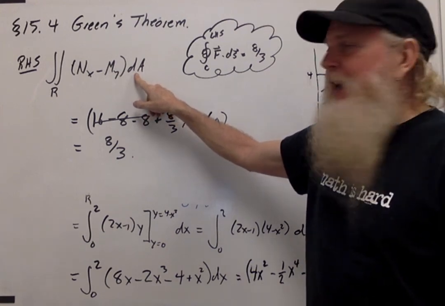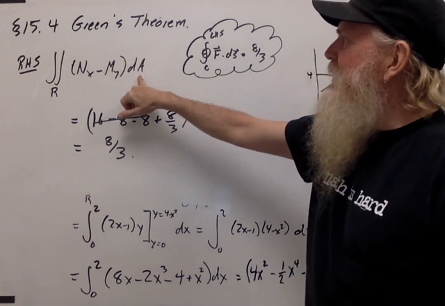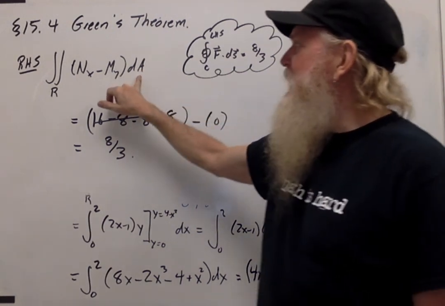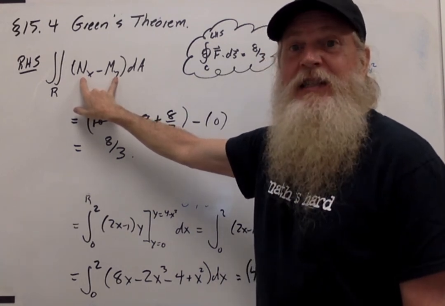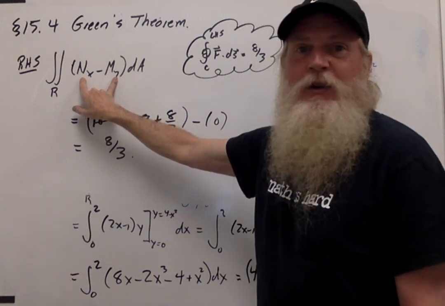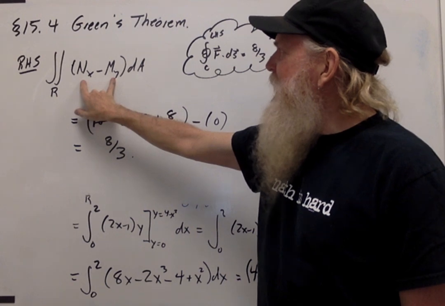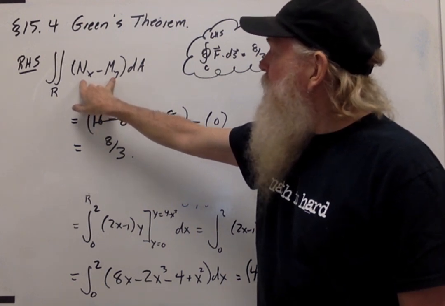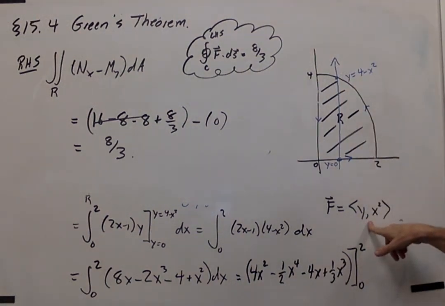A special case of that, which is especially nice, is when dN/dx minus dM/dy is equal to 0, in which case the right side is going to equal 0, and you don't even have to carry out any integration at all. And notice that that is exactly the case when your vector field has a potential function, when your vector field is exact.